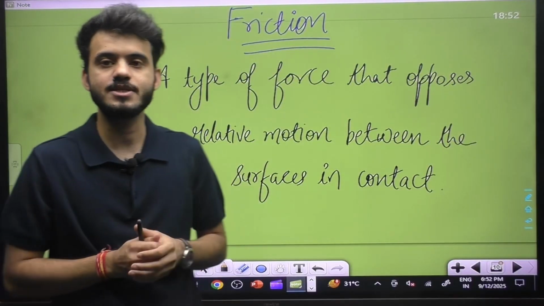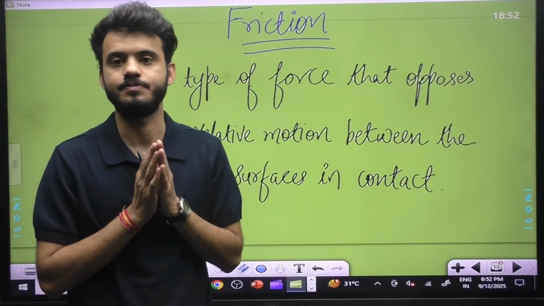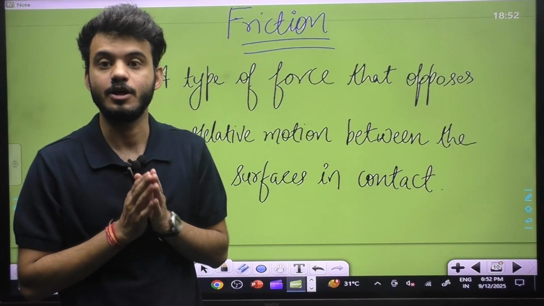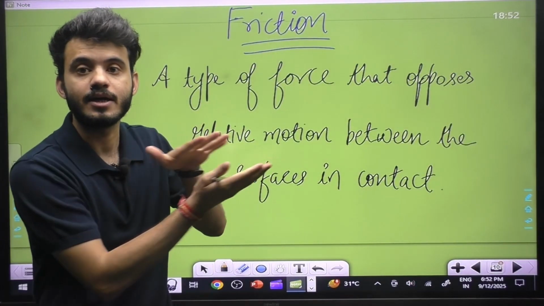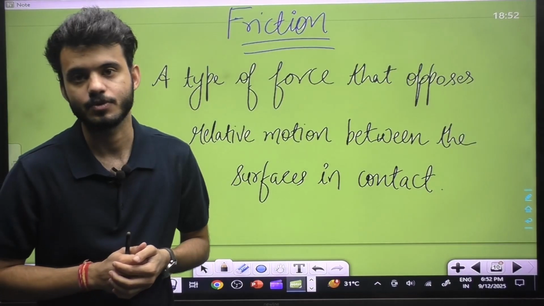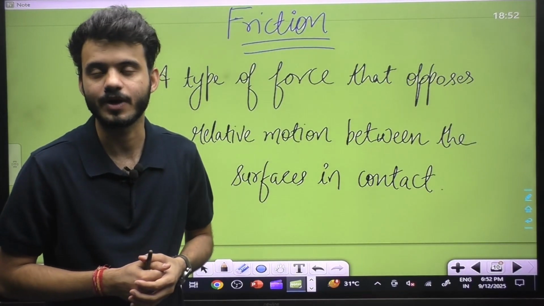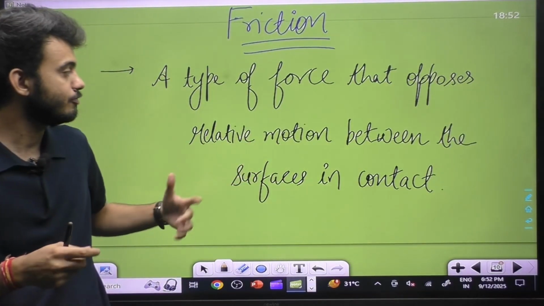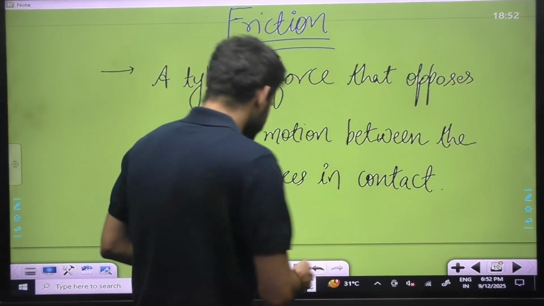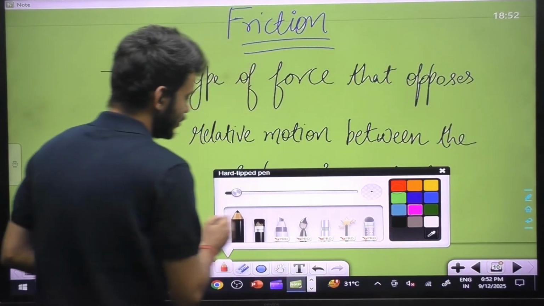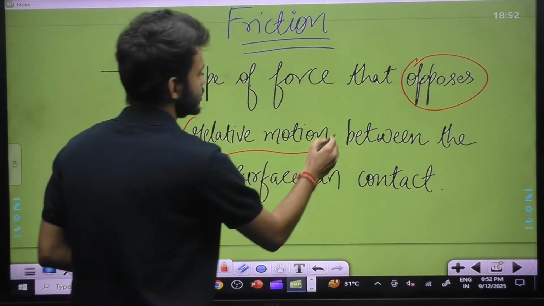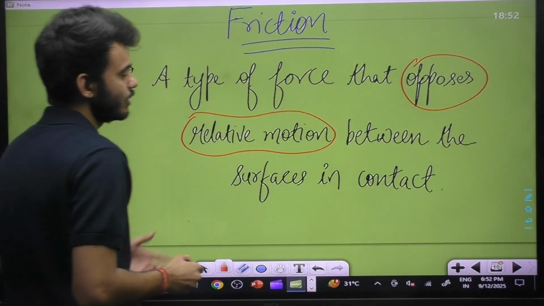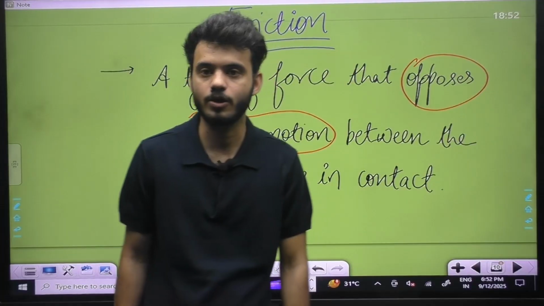So if two surfaces are in contact with each other, then the friction, if it is present there, is going to oppose the relative motion between two surfaces or between two objects as per se. Right? Now before we try to understand what these words have to offer for us, opposes, relative motion, and obviously surfaces in contact, you understand that already.